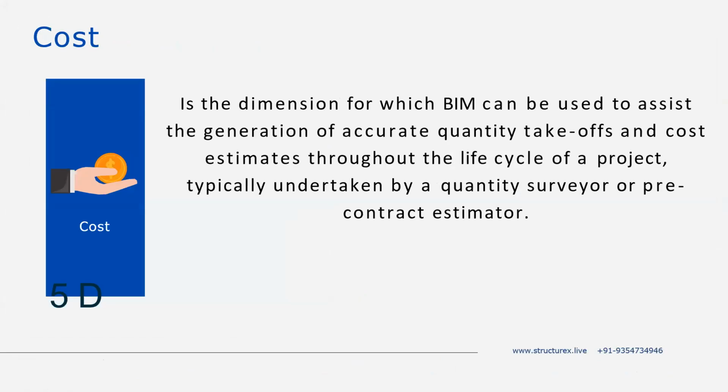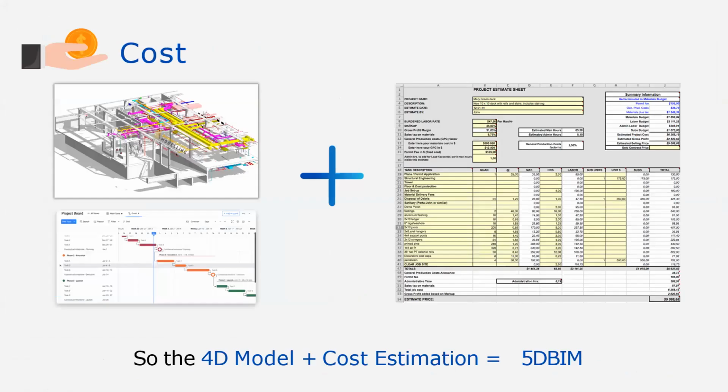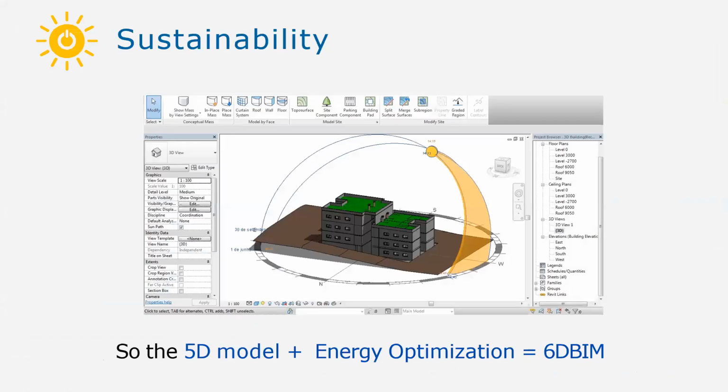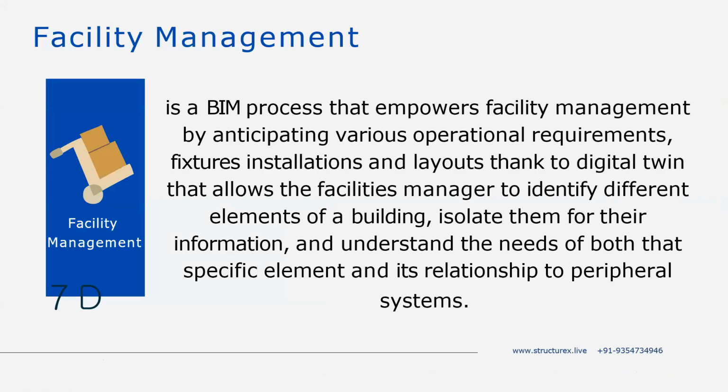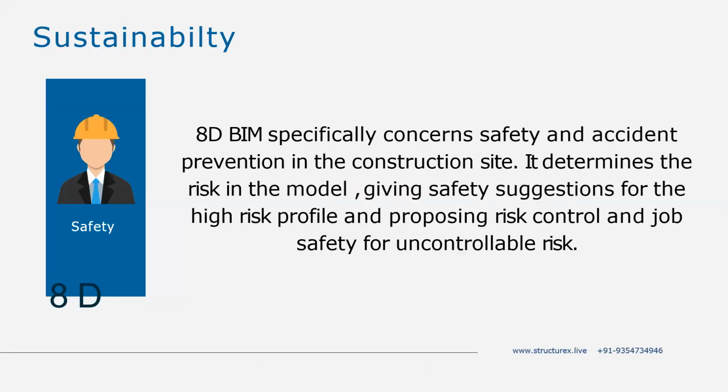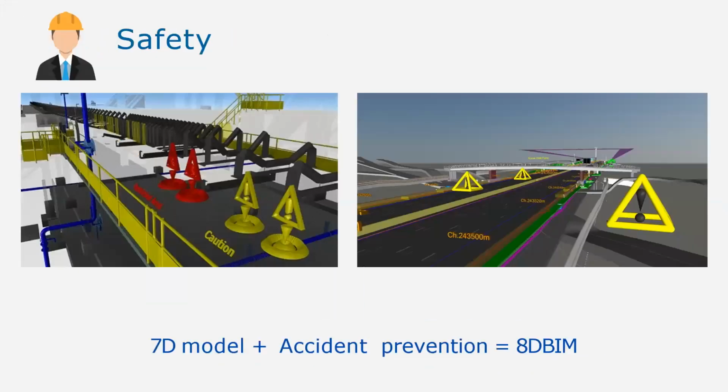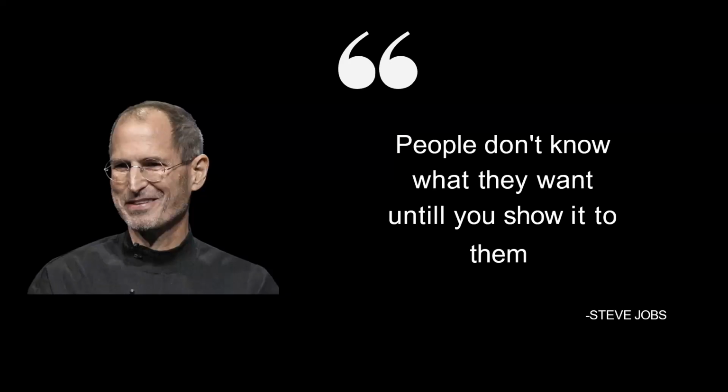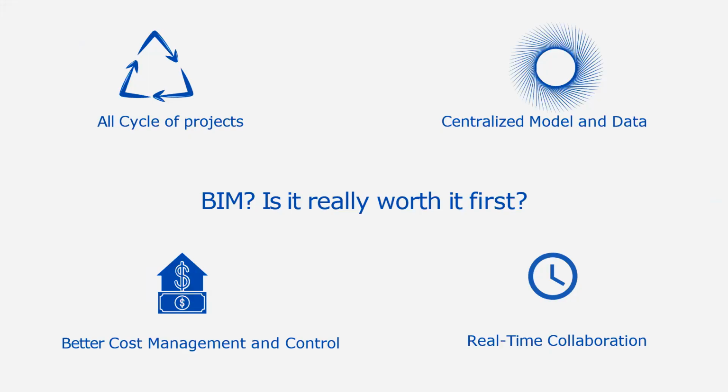After time we will go for the cost, how much cost is required for the structure, right? So we will create the schedule for that. Then costing and sustainability, how solar analysis, wind analysis and all this kind of thing will take place inside that. Next we have the BIM facility management, that is the 8D. These are all the BIM collaboration.